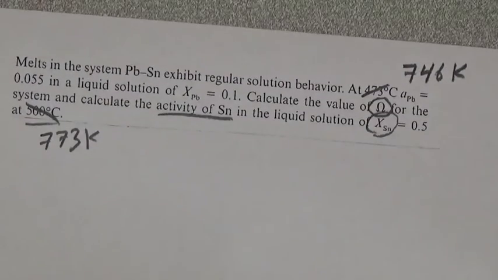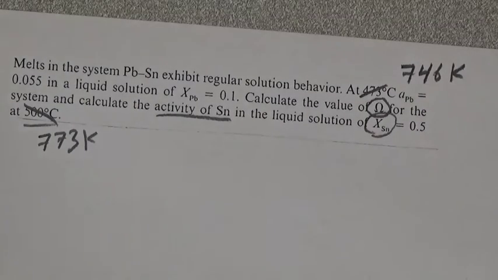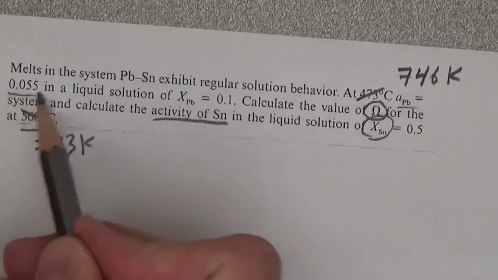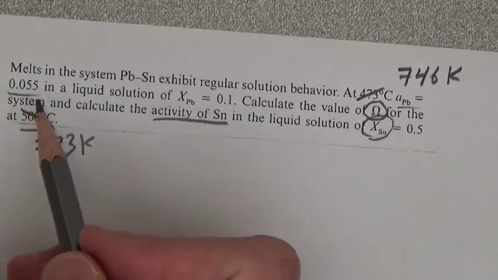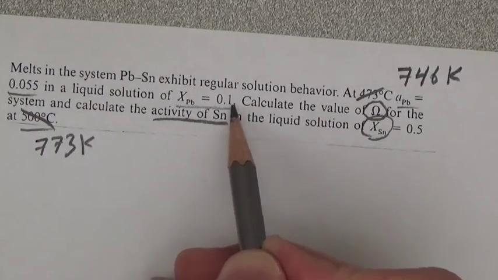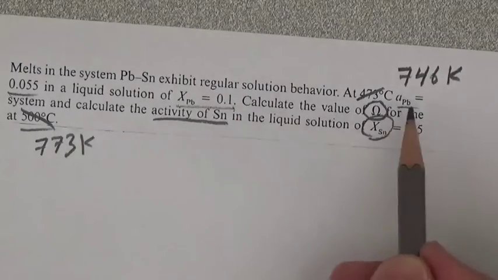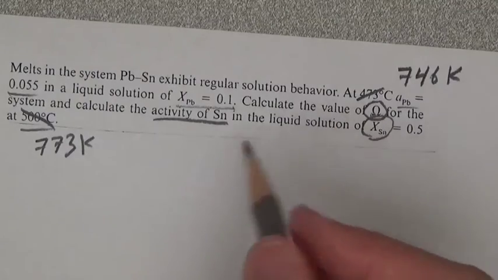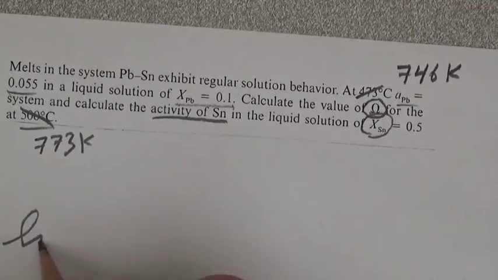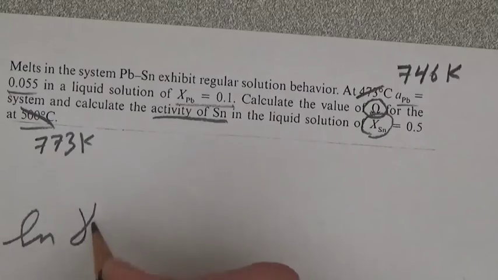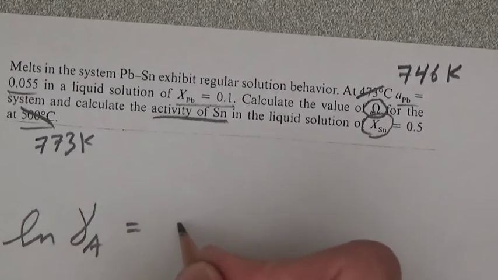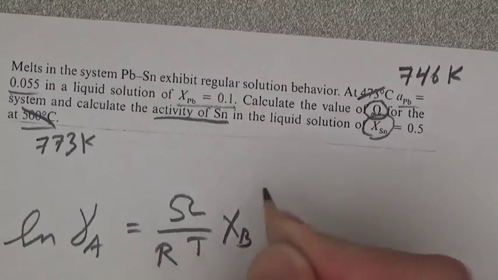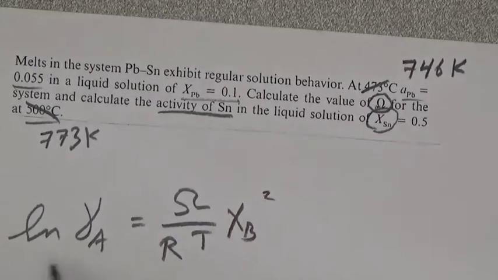Let's do this. So, in this, we're given the activity of lead when the mole fraction of lead is 0.1, and we're told to find the omega, and that's just using ln gamma A is equal to omega over RT times (1 minus XA) squared.